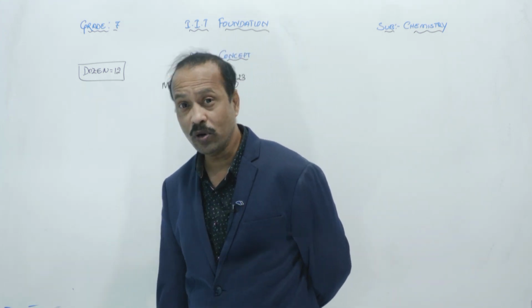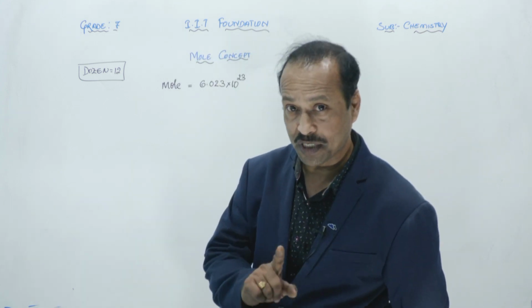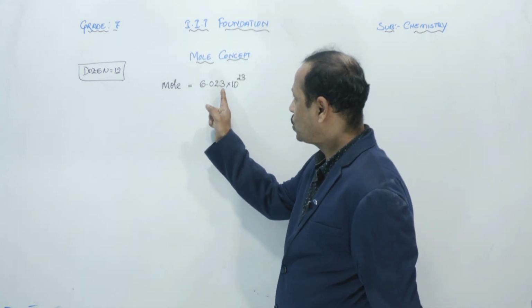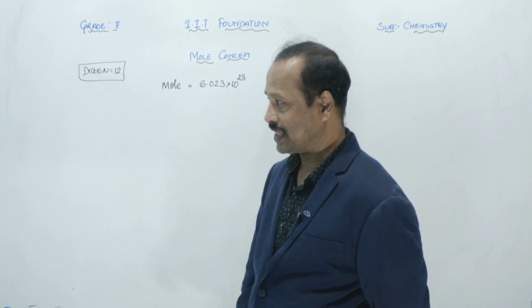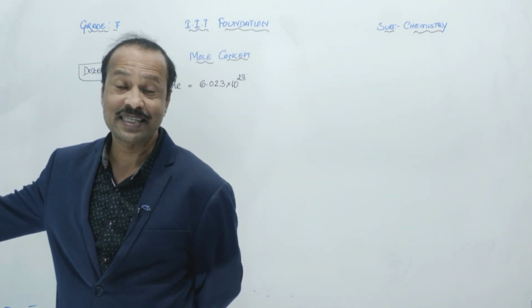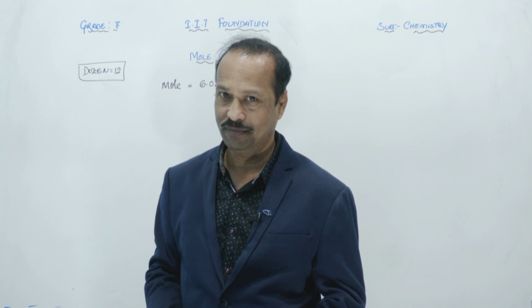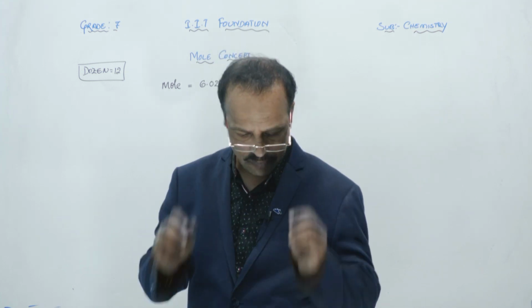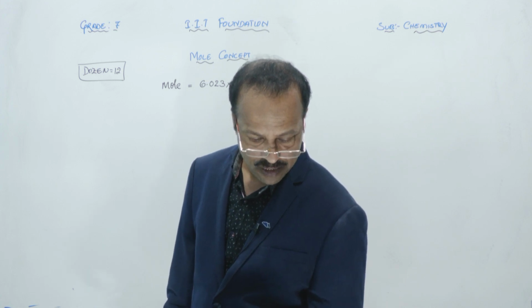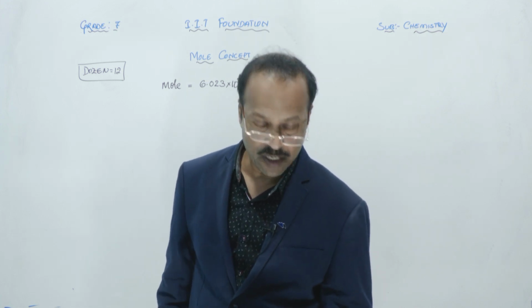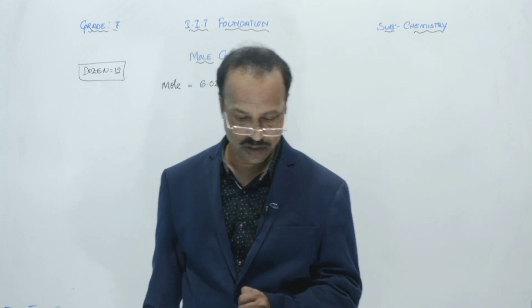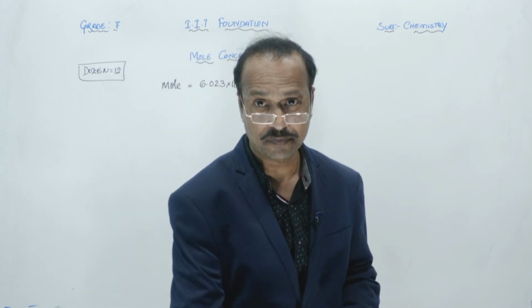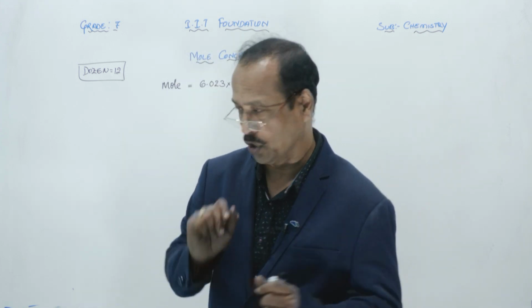So, 1 mole of water molecules means what you need to say now? 6.023 into 10 to the power of 23 water molecules is equal to 1 mole. Clear? So, 1 mole represents a fixed number that is equal to 6.023 into 10 to the power of 23 particles. Clear? Any doubt? No? Sure.